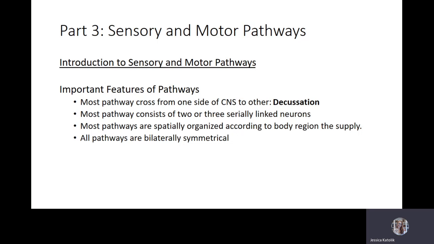All right, and most pathways are going to be organized spatially according to the region of the body that they supply.